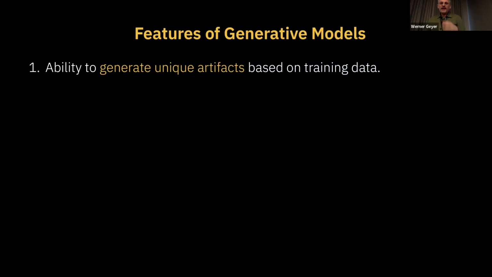Now, I tried to identify some key features of this generative model approach to art. Obviously, these models are able to create unique artifacts, like the one that you saw before. It's nothing that existed before in art. The concept you saw before is really unique. There's nothing like that in art history before, and probably it's the first of its kind.